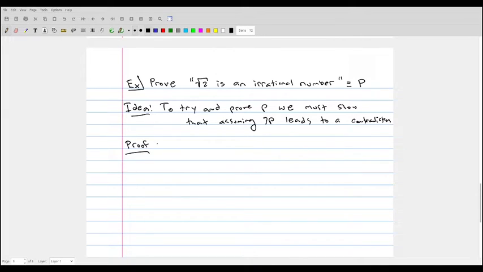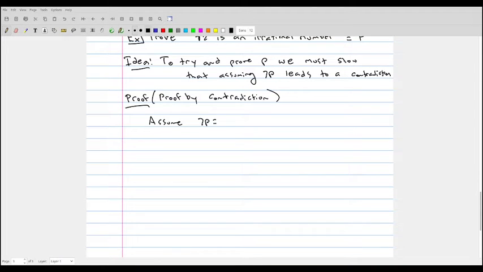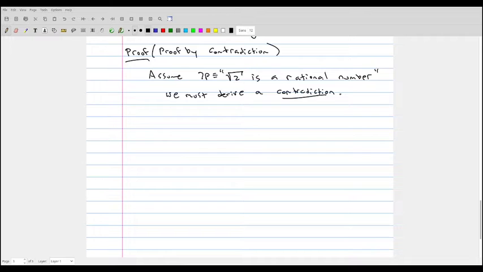So the proof is going to be done as follows. We first assume not P, or the statement that the square root of 2 is a rational number, and we need to derive a contradiction. The first thing we're going to do is deconstruct what it means to have the square root of 2 be a rational number.